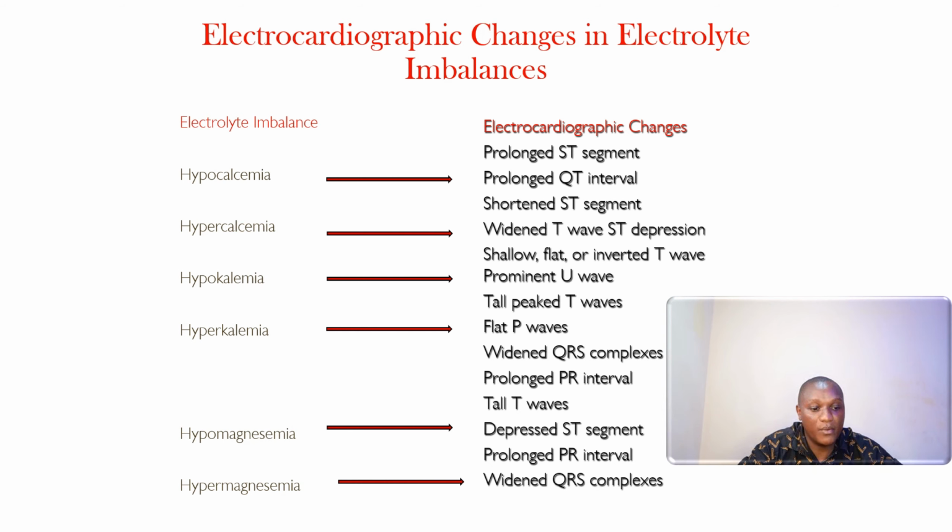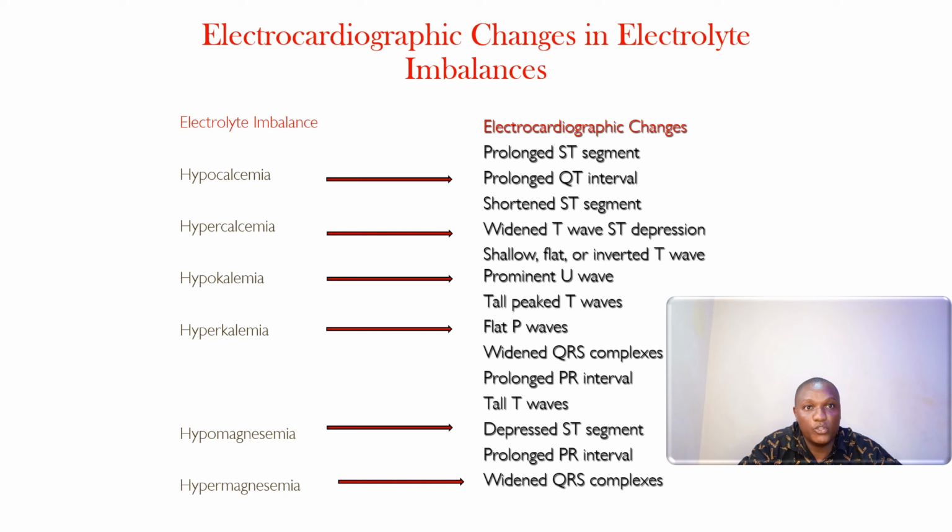In hyperkalemia, we have flat P waves, prolonged PR intervals, widened QRS complexes, and tall T waves. Hypomagnesemia, we have depressed ST segment and prolonged PR interval. In hypermagnesemia, we have widened QRS complexes.